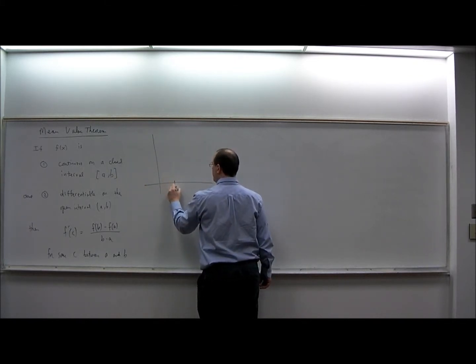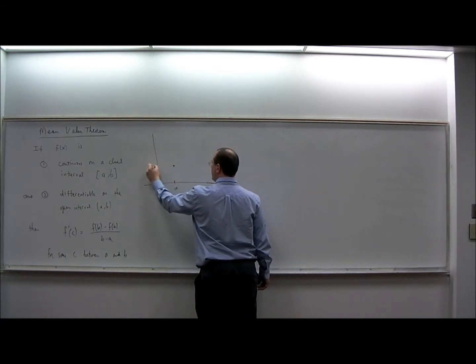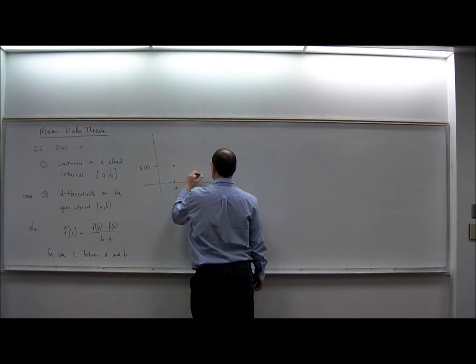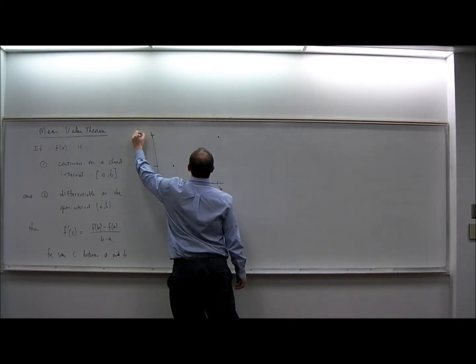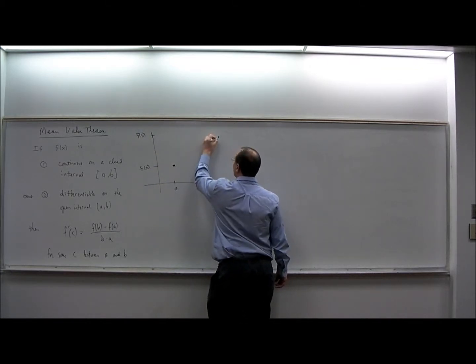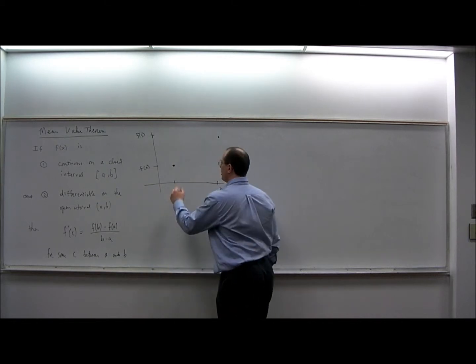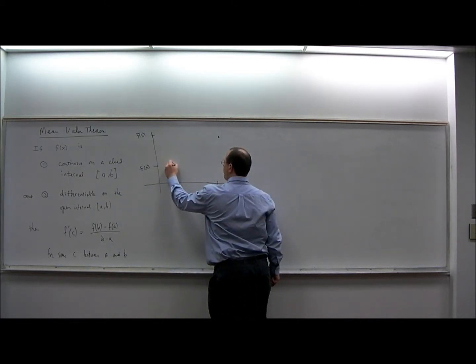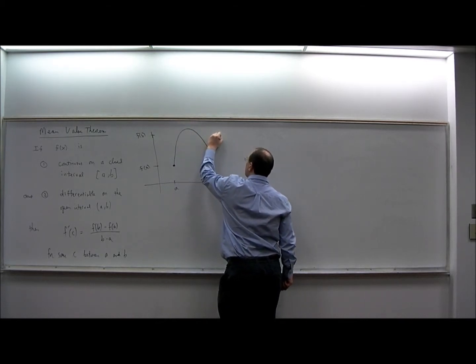Suppose we have, here's a and here's b, and let's say that f of a is this height here, and let's say that f of b is this height here. And if I were to connect these 2 points with a nice function, continuous and differentiable, then maybe it'll look something like that.